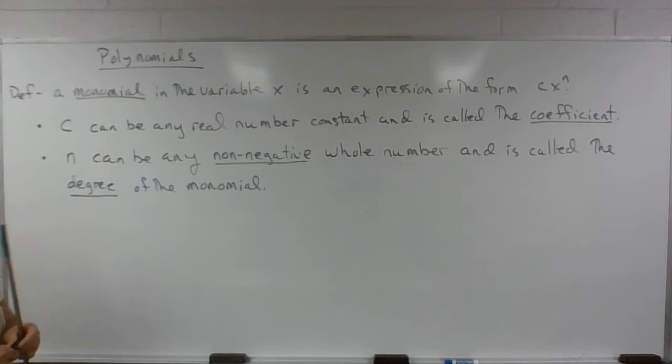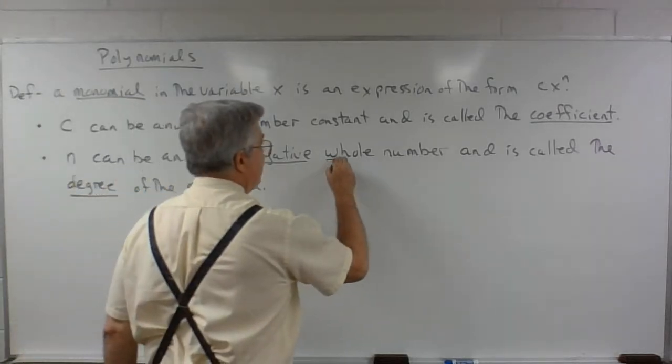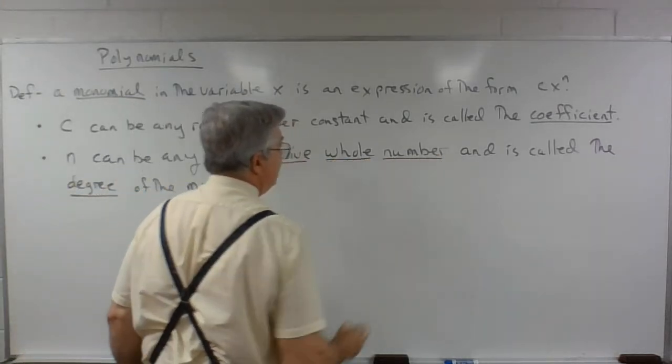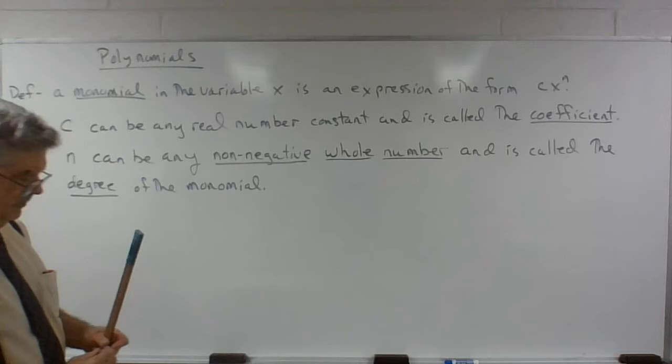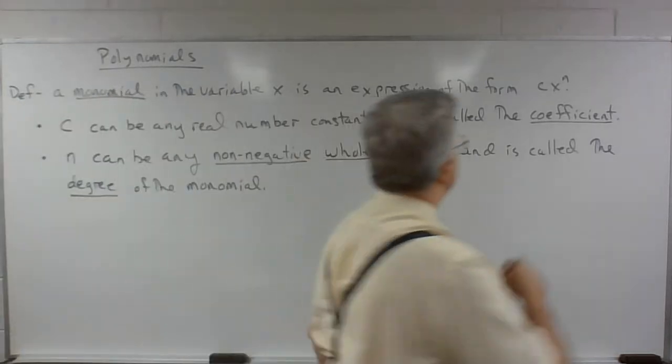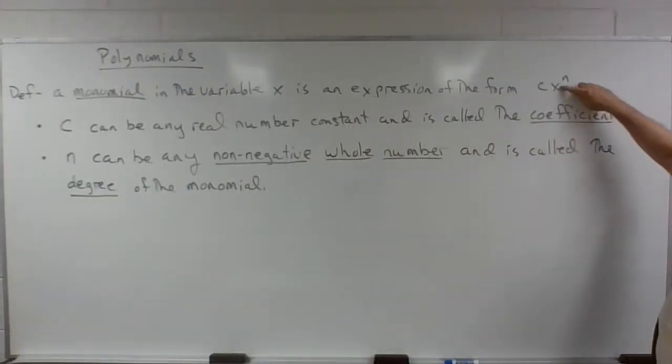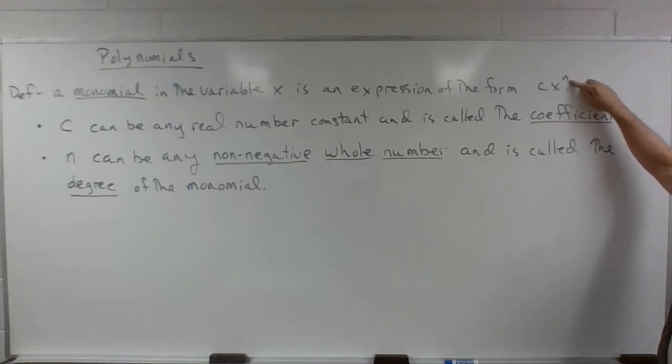Now, you know what? I think I better underline whole number also. The degree or the exponent n has to be a whole number and it has to be non-negative, which means that it could be zero.